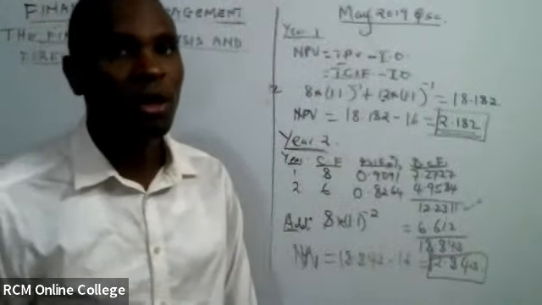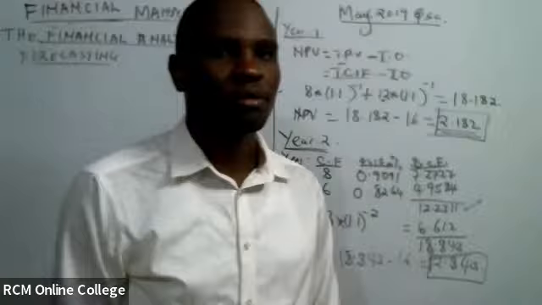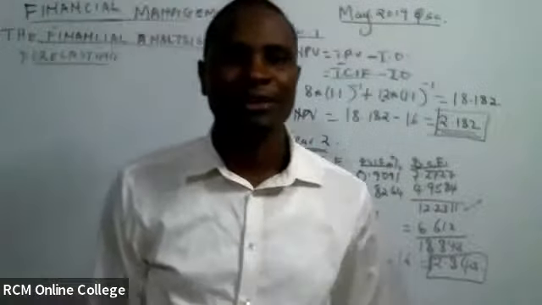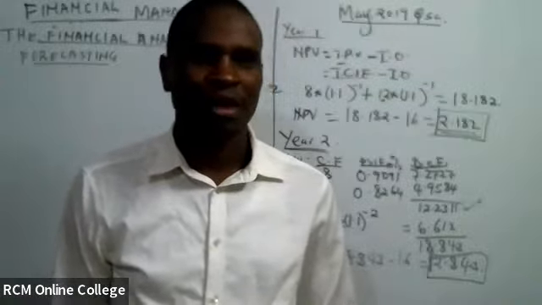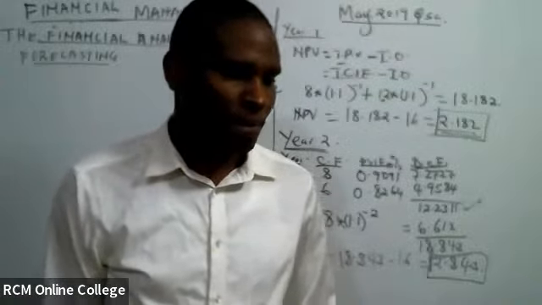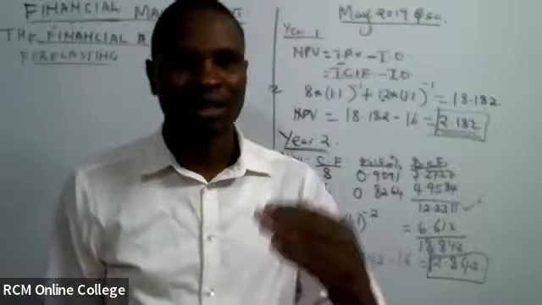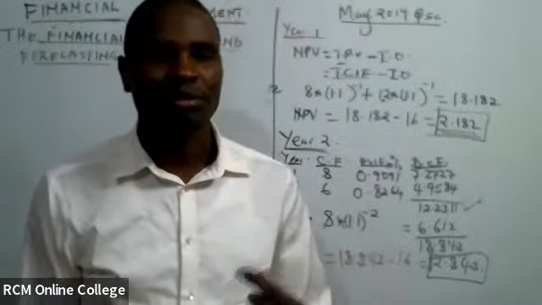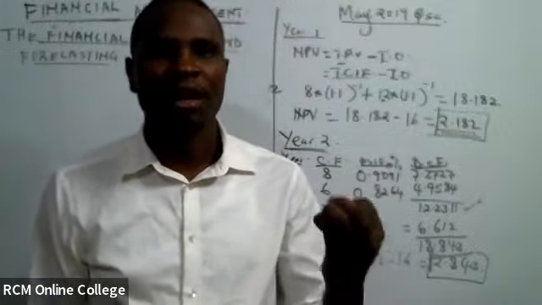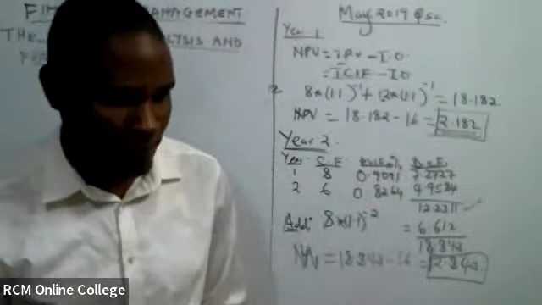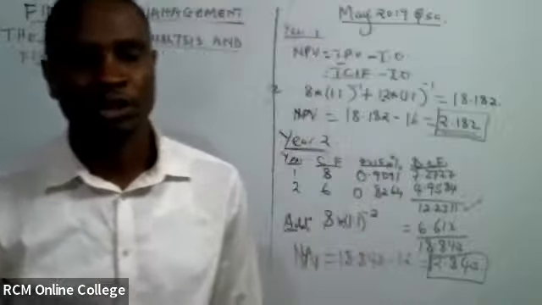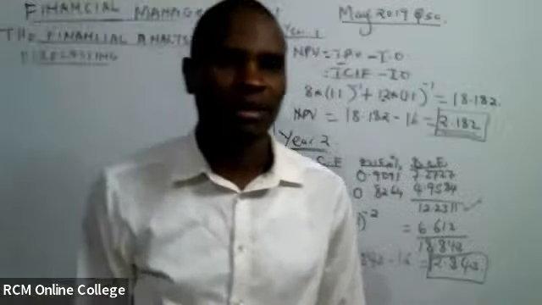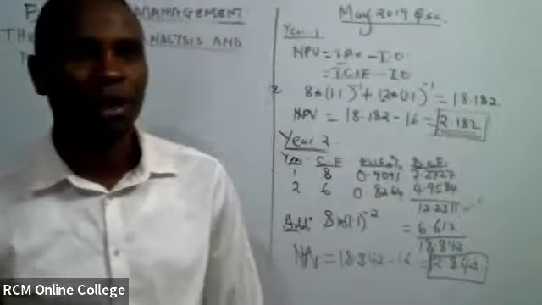Under financial management, we shall not go beyond the statement of financial position. Just look at the income statement and the statement of financial position. The cash flow we look at under financial reporting.